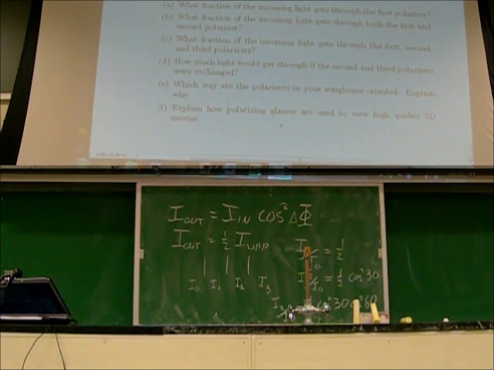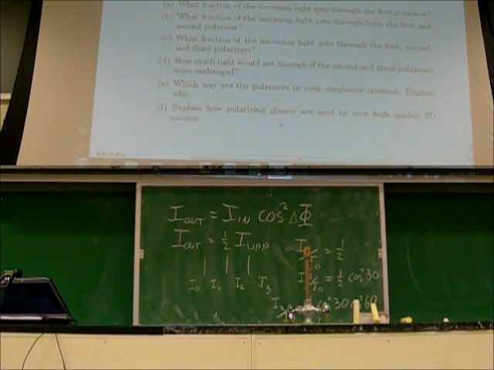The first factor is 50%, and you guys know the cosine of 30 squared, right? 3/4, very good, because it's square root of 3 over 2. So it's half of the original, and then 3/4 of that, and then 1/4 of that, because it's half squared. So half, and then 3/4 of that half, and then 1/4 of that much, and that's how much is getting through each stage. Okay? Question up here.